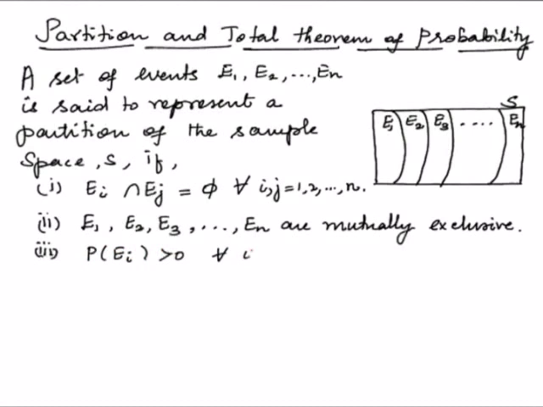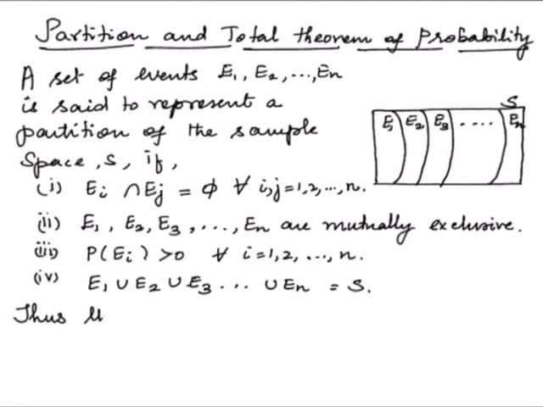That is, probability of Ei is greater than 0 for every i varying from 1 to n. Means that there is some element existing in each of the events and they are exhaustive. So, which means E1 union E2 etc. till union En is equal to the entire sample space.